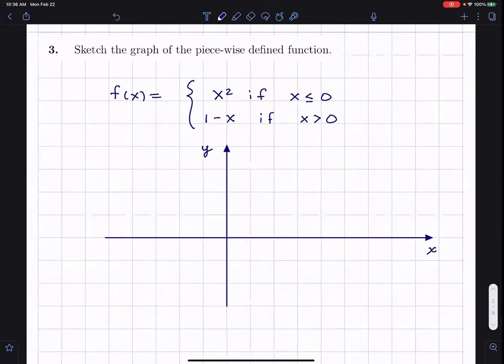So over on this region that I'm writing down, x less than or equal to 0, that's to the left of the y-axis. You can see those x values are negative. And then I'm going to write in some positive x values, x greater than 0. So for x less than or equal to 0, I have y equals x squared, and that's our parabola.